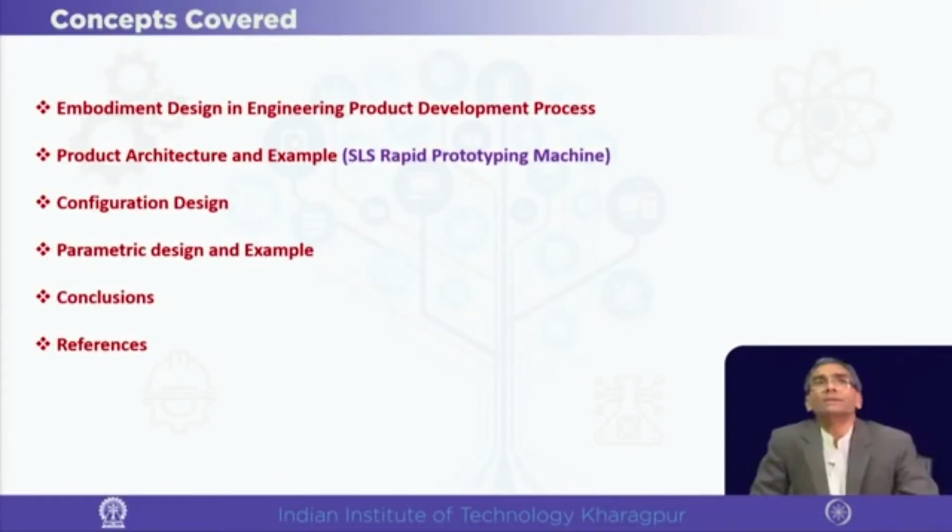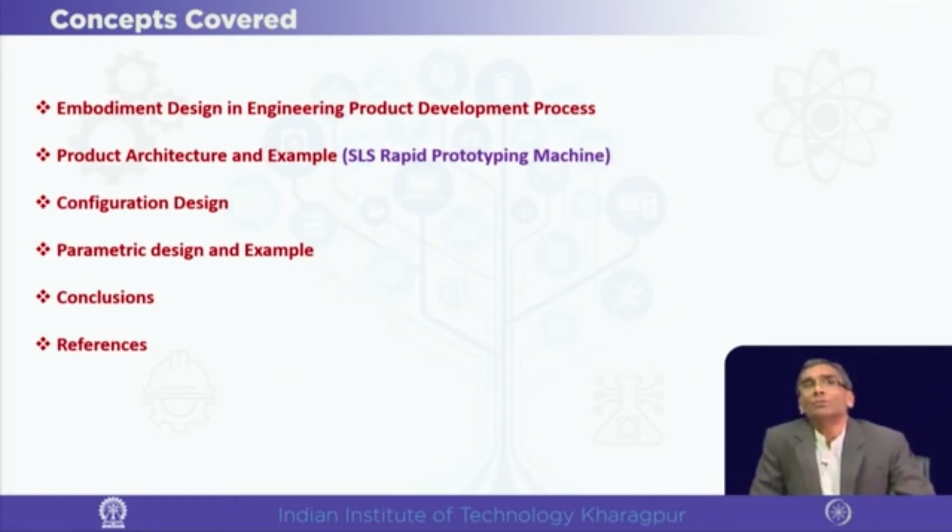Now, in this session, the lectures that will be covered are embodiment design in the engineering product development process, which is also applicable in the general product development process. Then we will talk about the three major stages in embodiment design. First, product architecture, with an example of a laser sintering rapid prototyping machine and its architecture development.